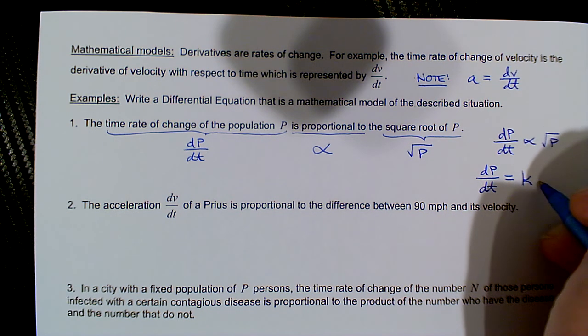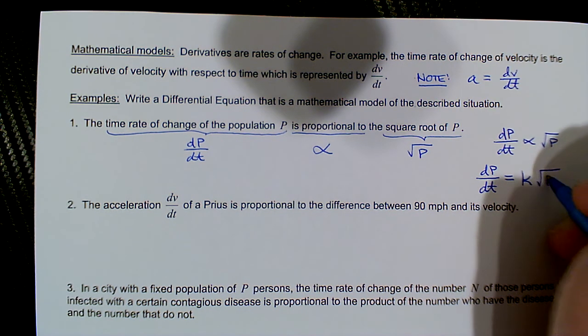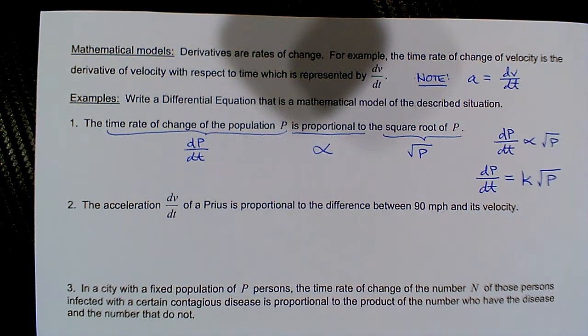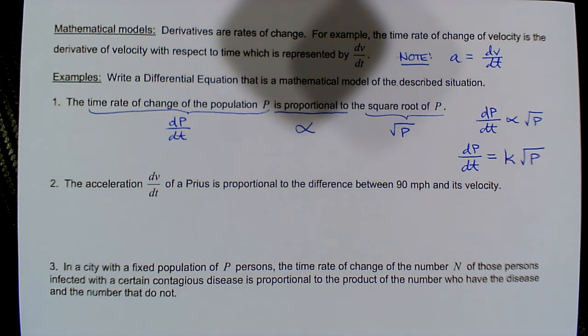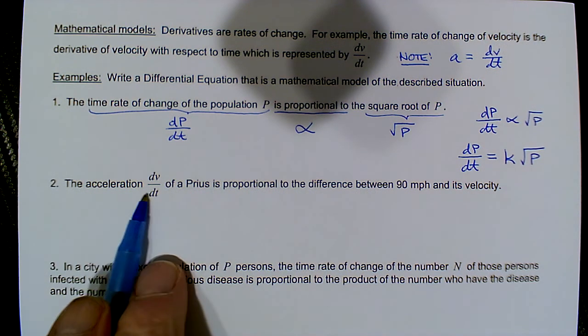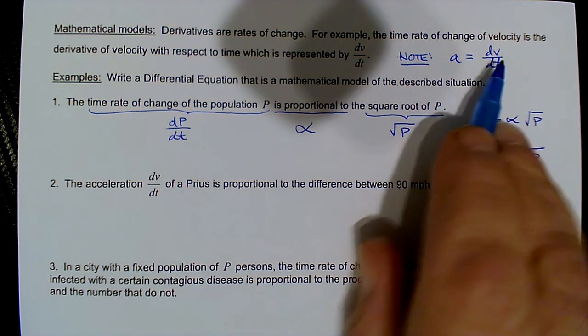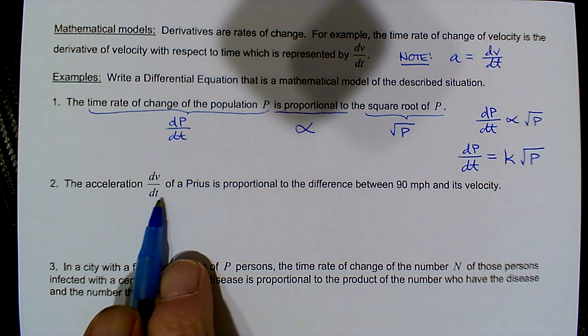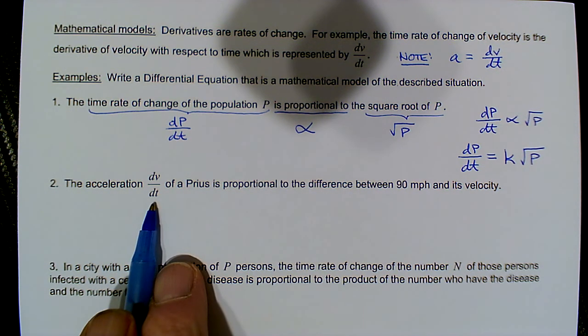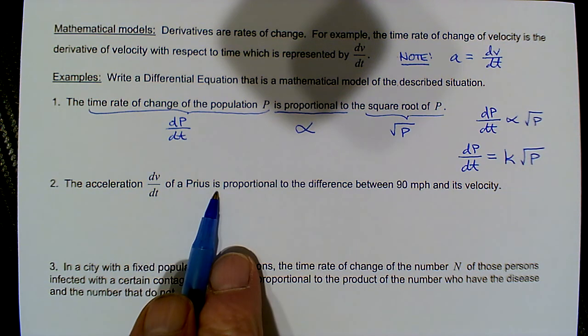Okay, so in the next example, it tells us the acceleration dv dt, so as we noted here, acceleration is the time rate of change of the velocity. So dv dt, it's already set up for us, proportional to the difference between 90 miles per hour and its velocity.